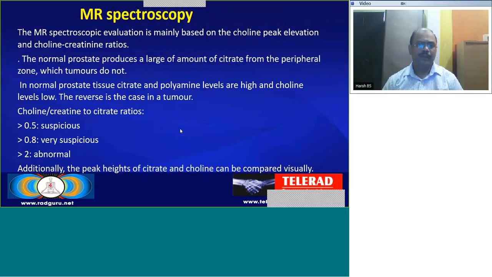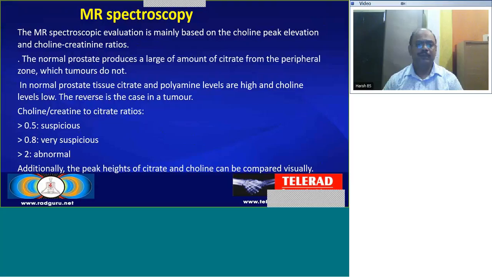Next, coming to MR spectroscopy. MR spectroscopy is mainly based on the choline peak elevation and choline creatinine ratios in case of prostate. The normal prostate produces a large amount of citrate from the peripheral zone, whereas the tumors do not produce the citrate. In normal prostate tissue, citrate and polyamine levels are high and choline levels are low.